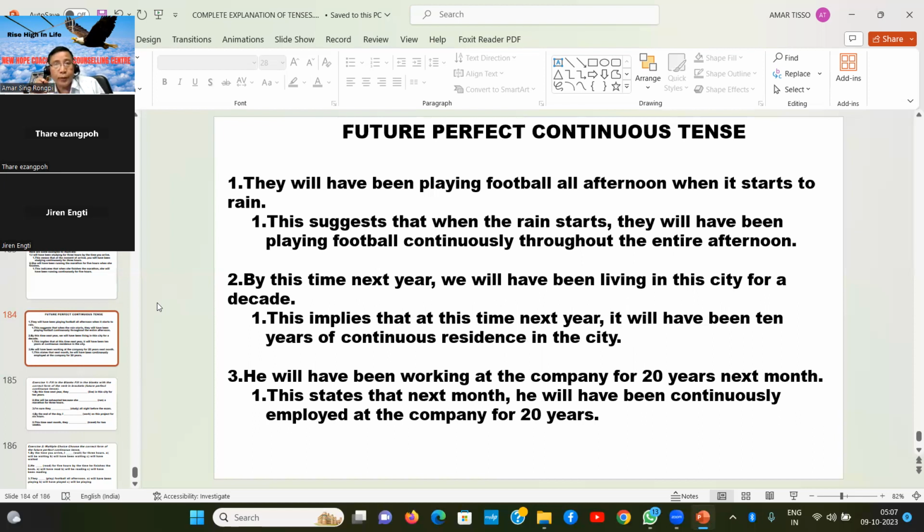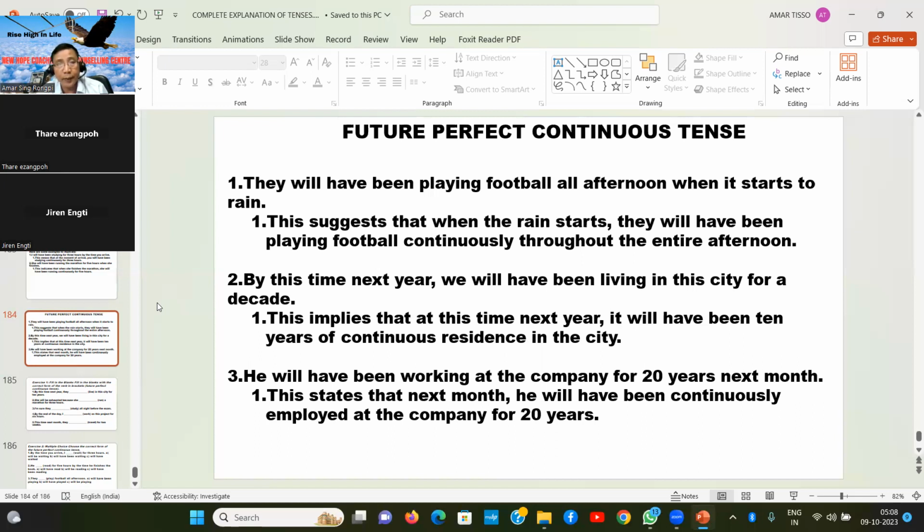In Karbi, if we translate, it will be when the rain will start. But we don't need to use will start here, because in English, this is a rule. The first one, you should use the simple present. This suggests that when the rain starts, you have to say. When the rain will start, you don't need, because the will is already there in the second part.